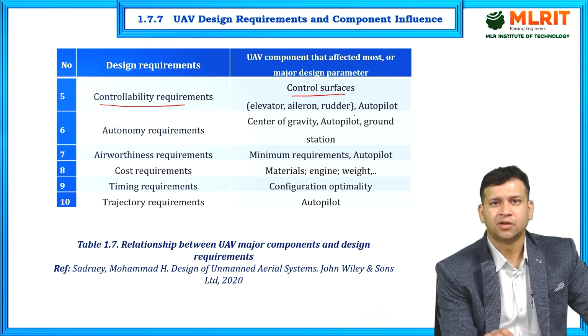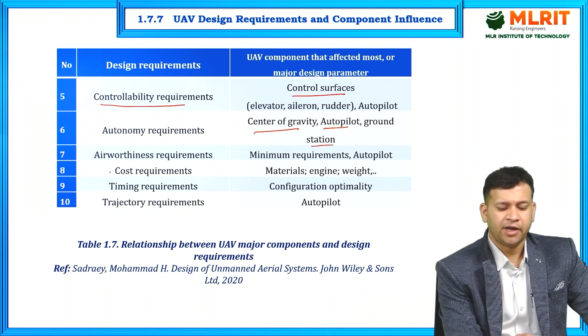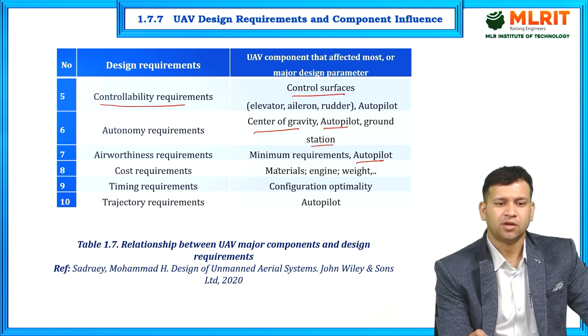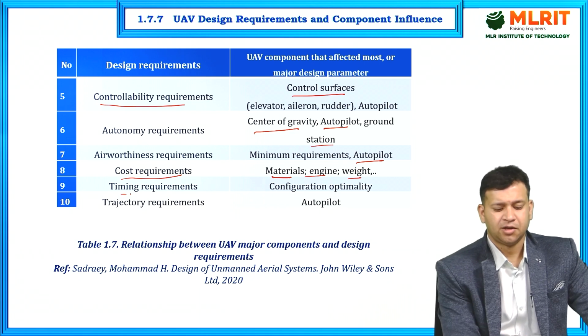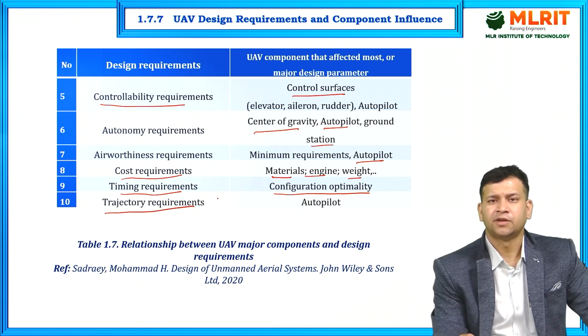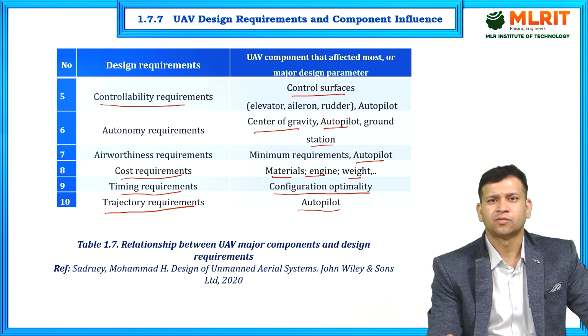Autonomy requirements will affect CG, autopilot, ground stations. Airworthiness requirements will affect minimum requirements and autopilot systems. Cost requirements affect materials, engine, weight, etc. Timing requirements will affect the configuration optimality, and trajectory requirements will affect the autopilot. So these are the various design requirements which have their effect upon most of the components and areas.